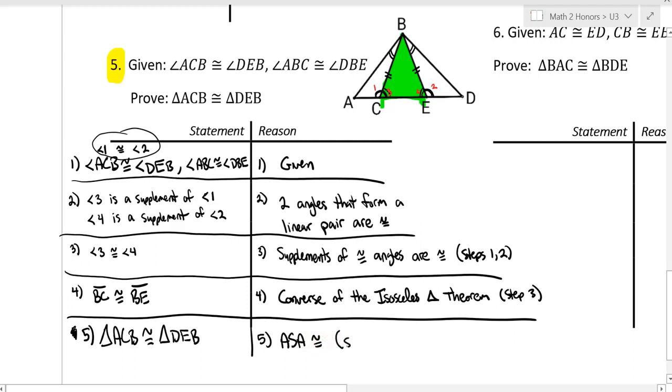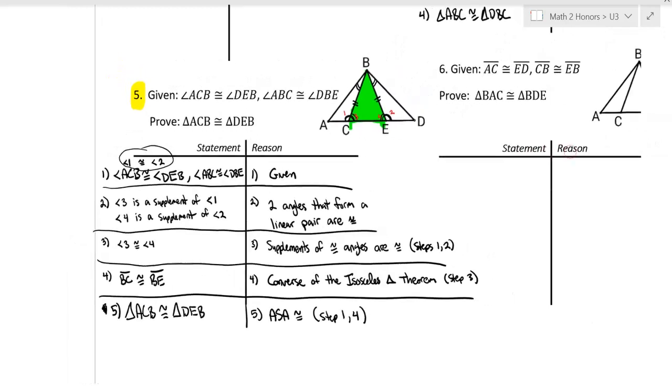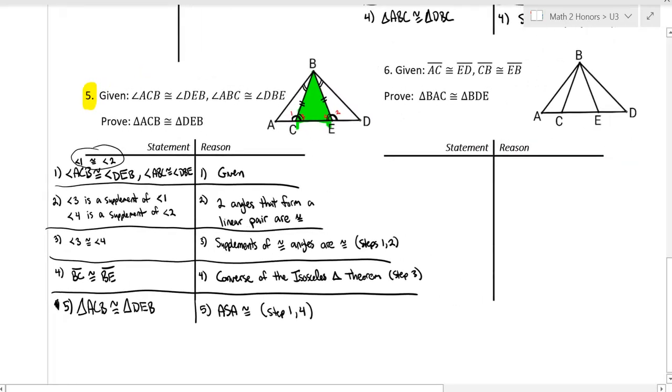And in step 1, we have both the angles, right? Angle and angle. And in step 4, we have the side. So a little more challenging proof here. Number 6 will be a very similar type of proof as number 5. I'm going to stop there.